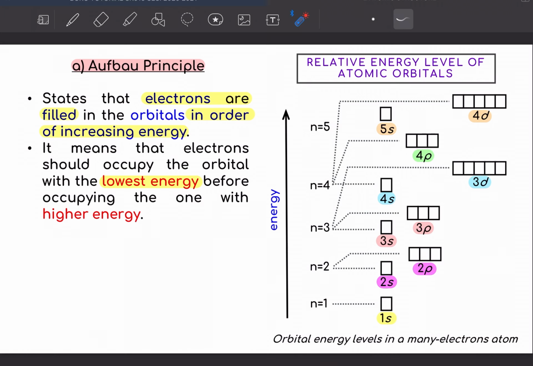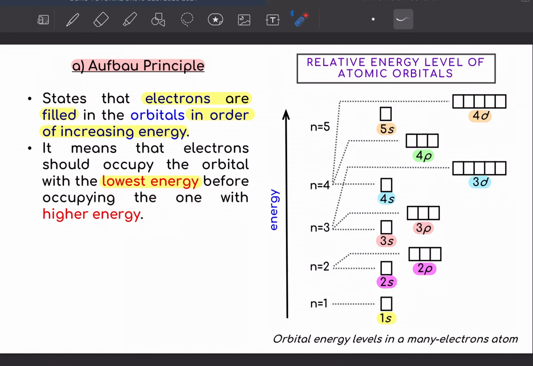The Aufbau principle states that the electrons are filled in the orbitals in order of increasing energy. What does that mean? It means that electrons should occupy the lowest energy orbital first before occupying the one with higher energy.